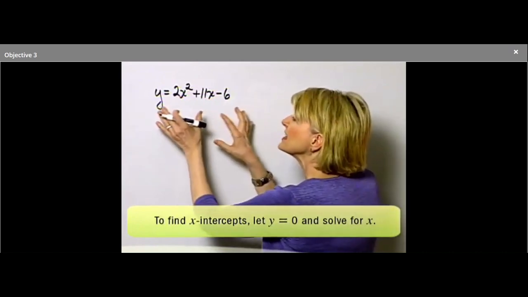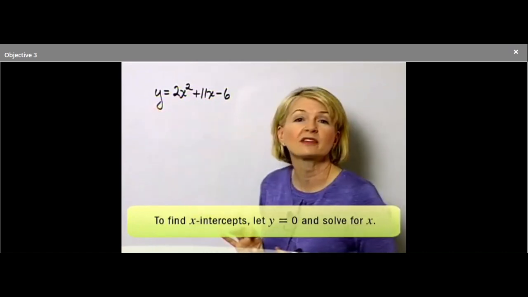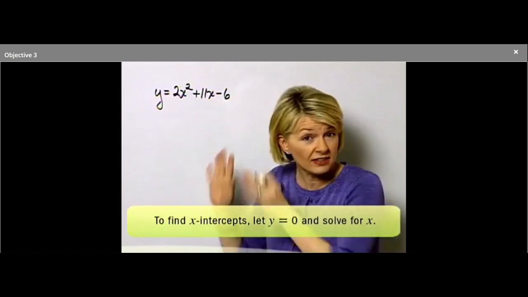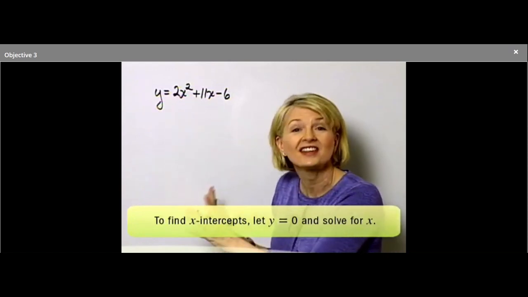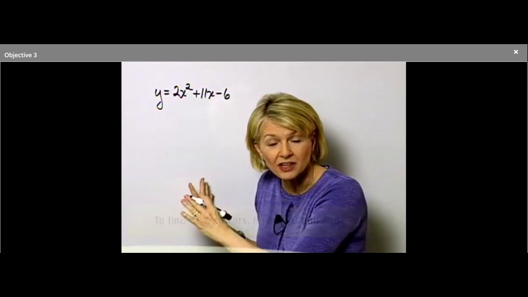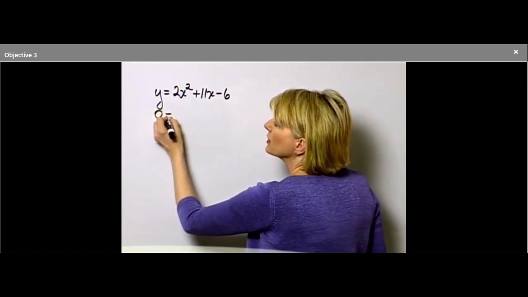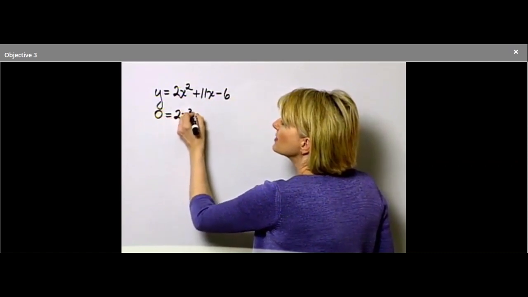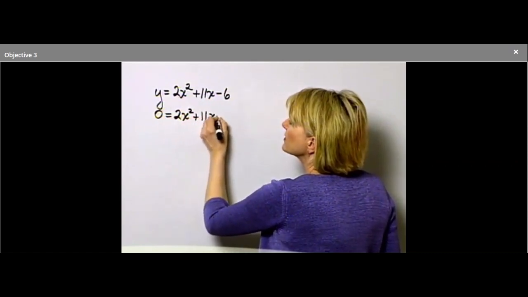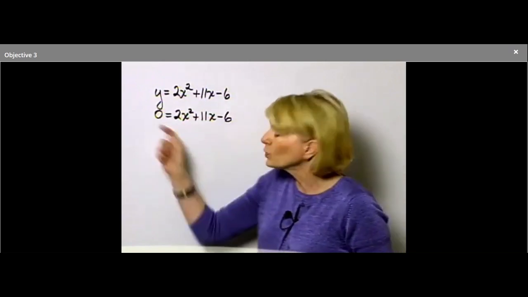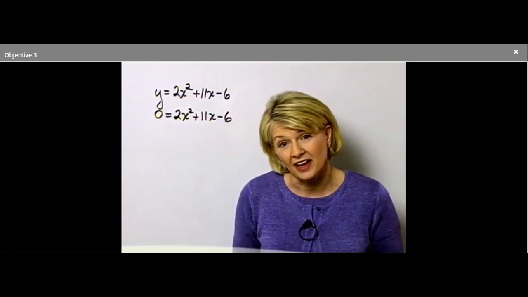So if I want to find the x-intercepts of the graph of this quadratic equation in two variables, we would do so by letting y be 0. And if I let y be 0 and then solve for x, look what kind of equation I happen to have.